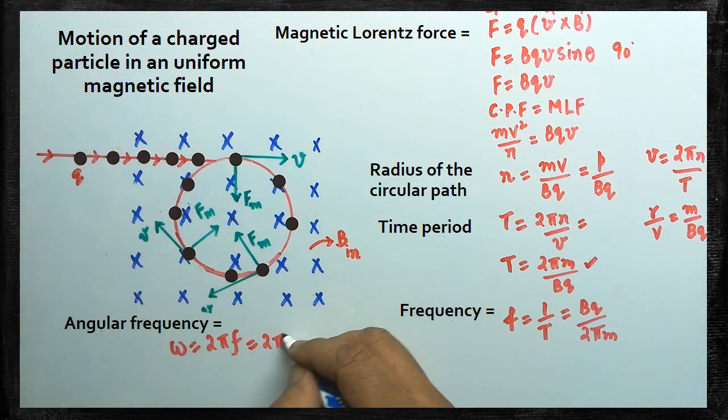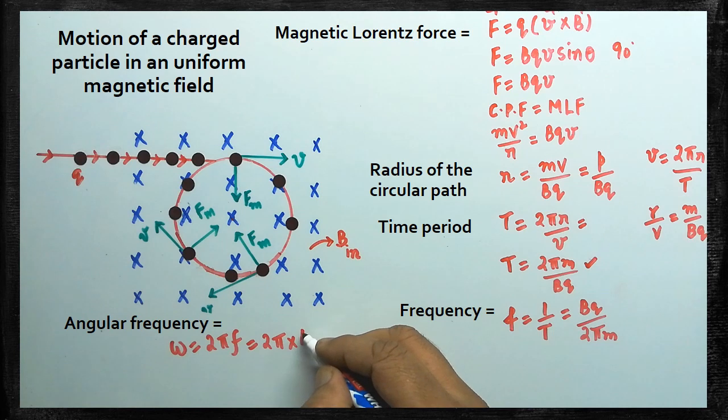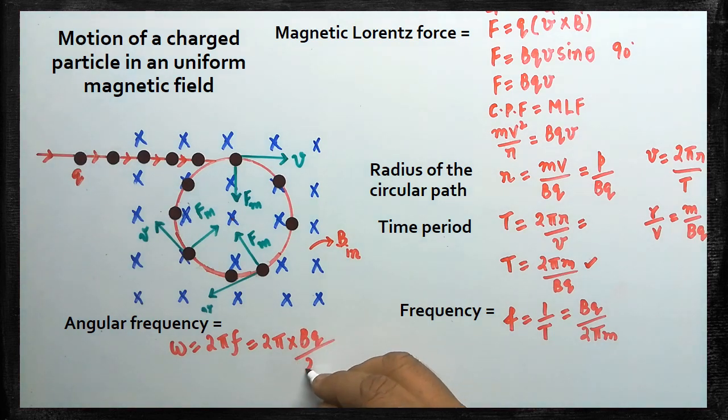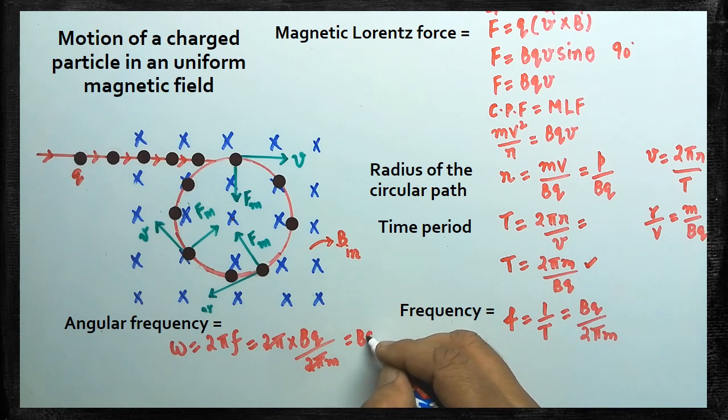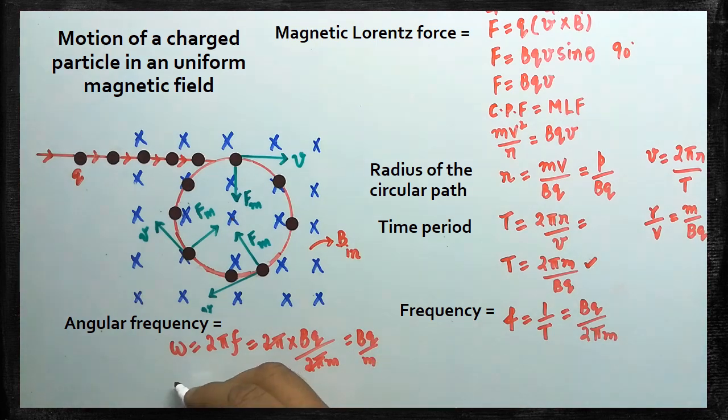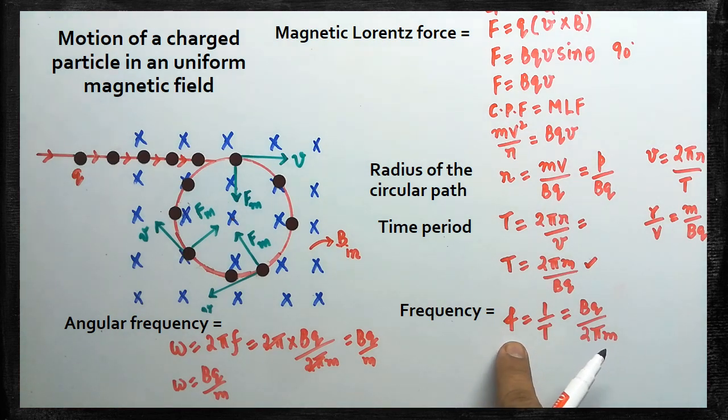Substitute bq divided by 2 pi m. Cancel both 2 pi. Finally you will get bq by m. So the final expression is omega is equal to bq divided by m. This is called angular frequency. This is called linear frequency. Both linear frequency and angular frequency are called cyclotron frequency or gyro frequency. Okay.